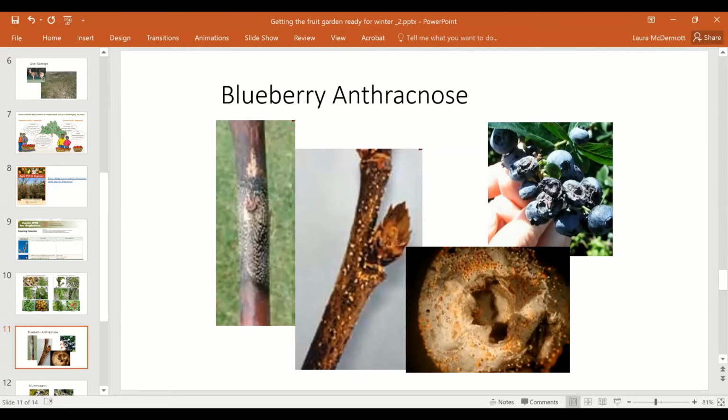And so understanding that, if you have anthracnose problems, you're probably definitely going to have some twig anthracnose, and you are going to want to spray your blueberry crop right before it blooms, right before it has open blooms.